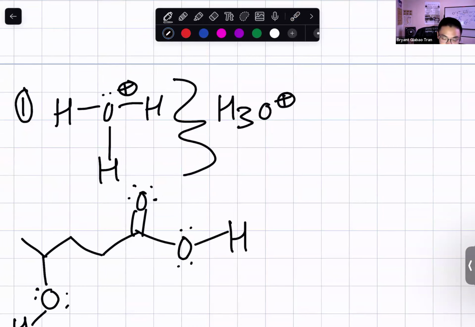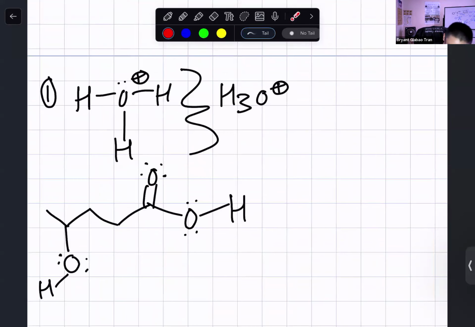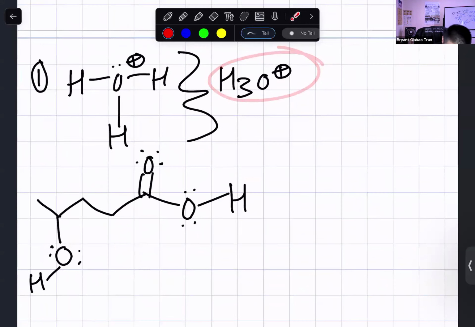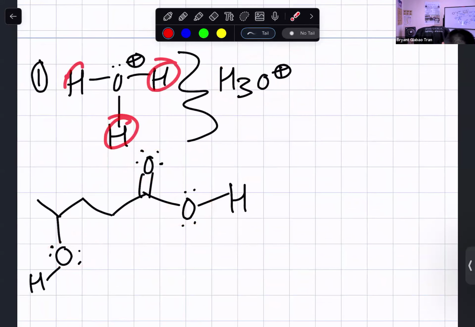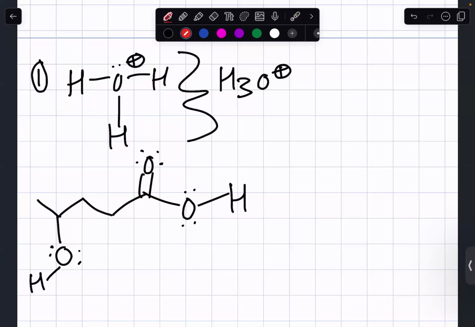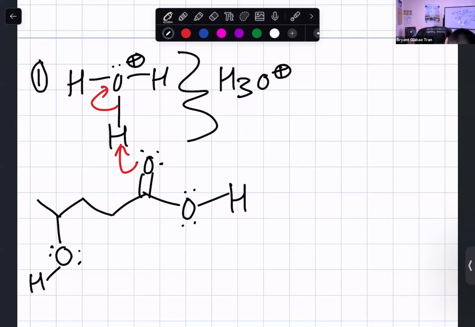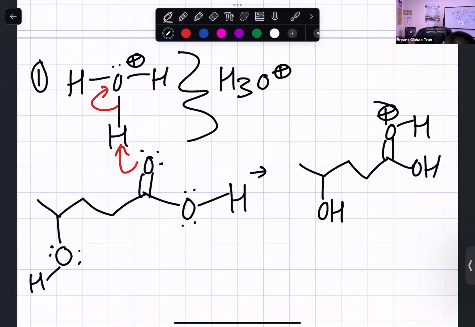Whenever we have a strong acid, we always have to look out for the strongest base that we can react with the strong acid. So which oxygen atom do you think is going to be the most basic oxygen atom that can get protonated, that can grab one of these hydrogens right here? The carbonyl oxygen is the most basic because when we protonate it, we get this conjugate acid, where this conjugate acid can do resonance with the hydroxy oxygen like that.